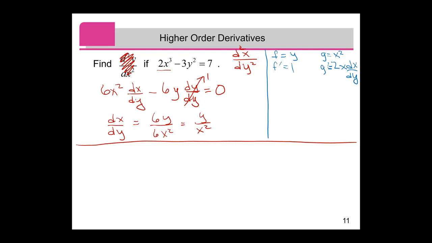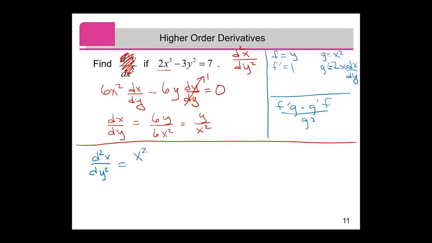So now let's take the second derivative, which is going to be the quotient rule. So I have the second derivative of x with respect to y is equal to f prime g minus g prime f over g squared. Okay, so let's fill in the blanks. F prime is 1, that's fine, I don't do anything.